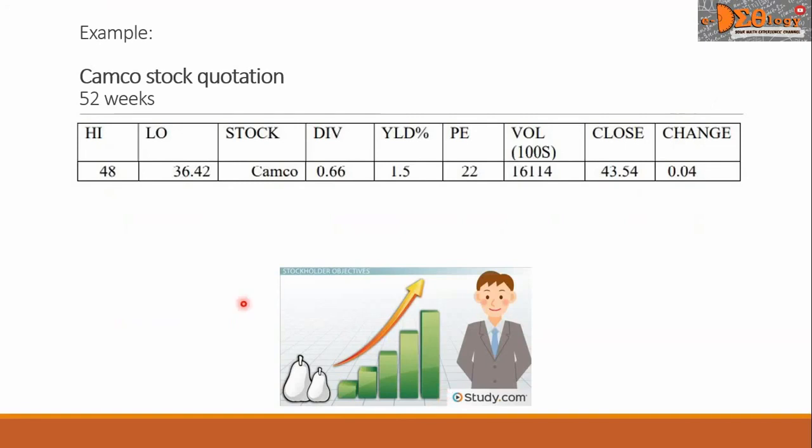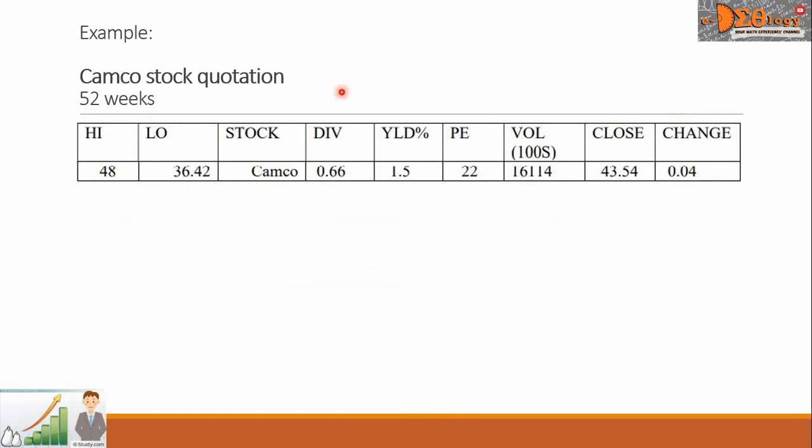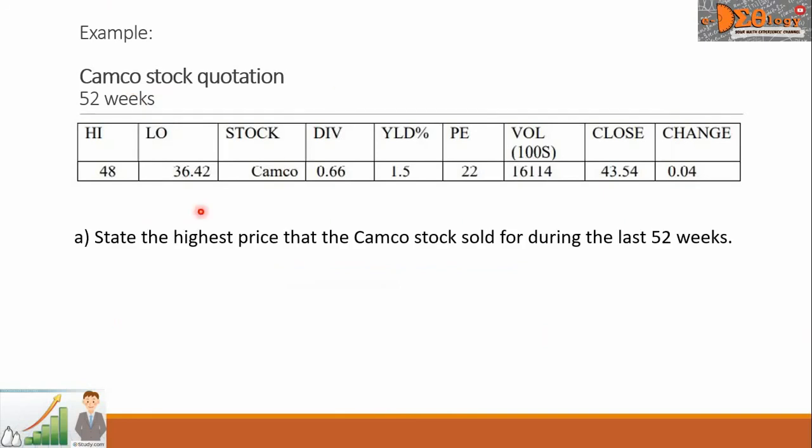Now, let us see another example with regard to CAMCO stock quotation. Let us answer some questions. Letter A. State the highest price that the CAMCO stock sold for during the last 52 weeks.